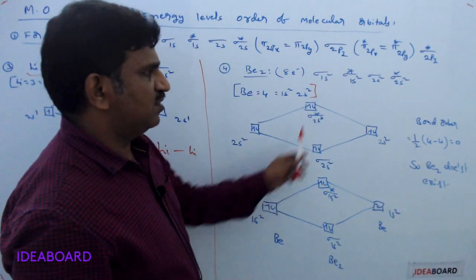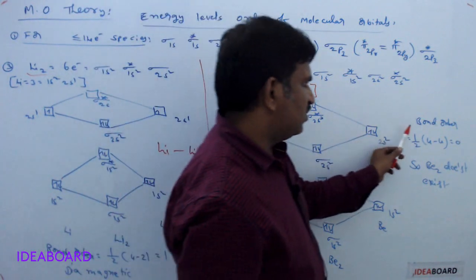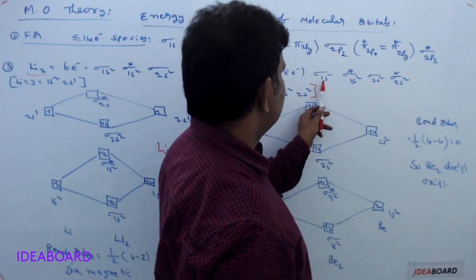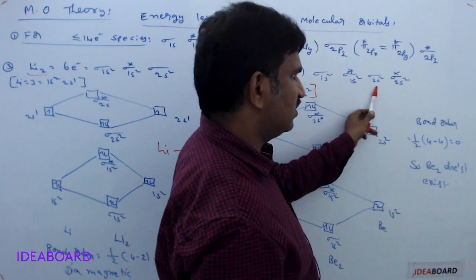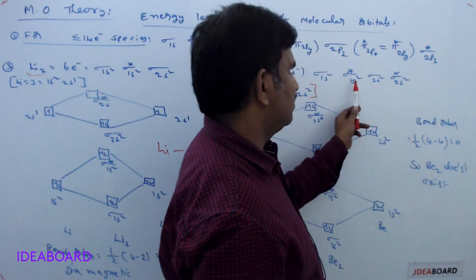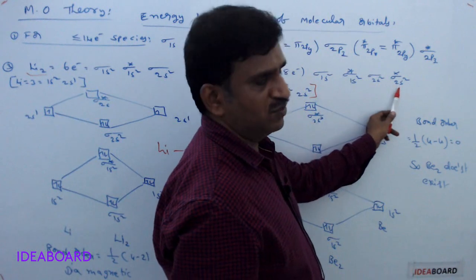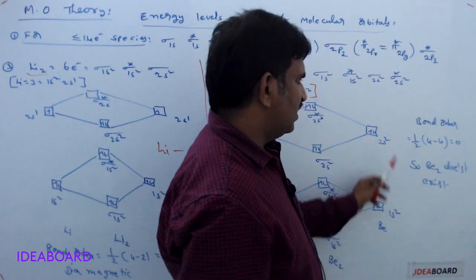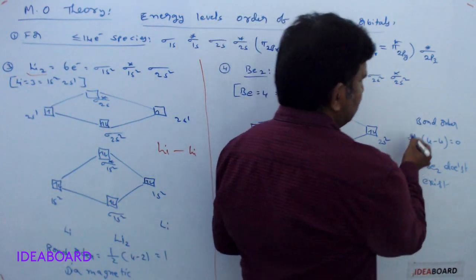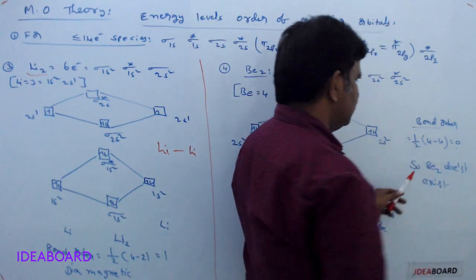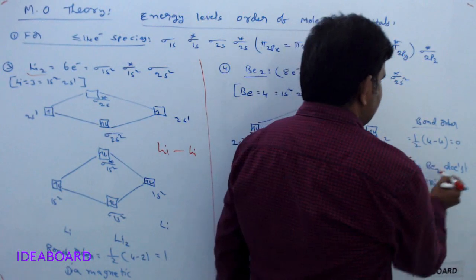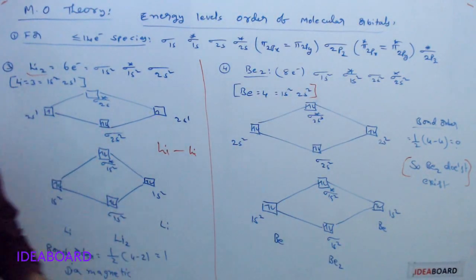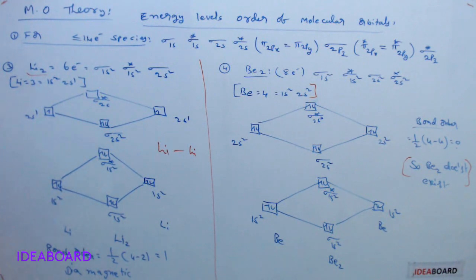We fill the electrons like this, and bond order is half into bonding electrons: sigma 1s2 and sigma 2s2, 4 electrons, minus anti-bonding electrons: sigma star 1s2 and sigma star 2s2, 4 electrons. So 4 minus 4 gives 0. Whenever we get bond order 0, the molecule doesn't exist. So the Be2 molecule also does not exist, like He2.